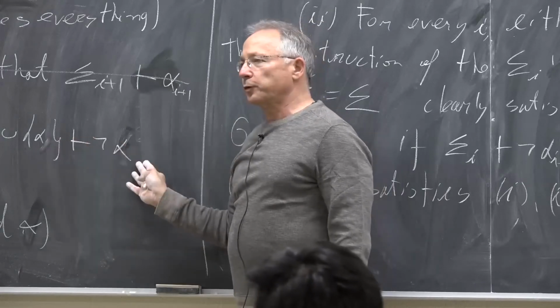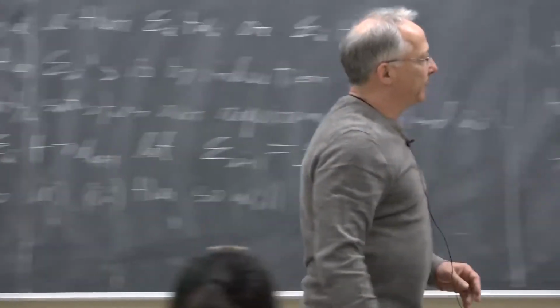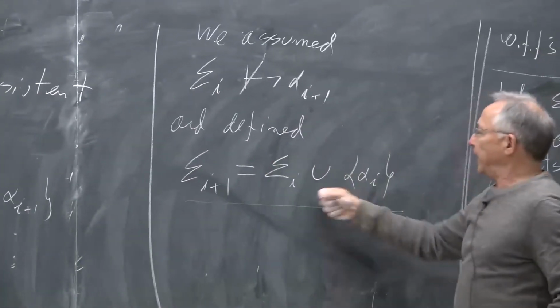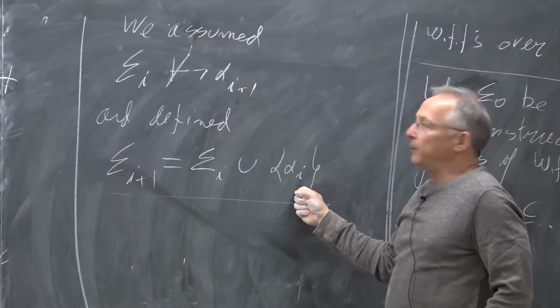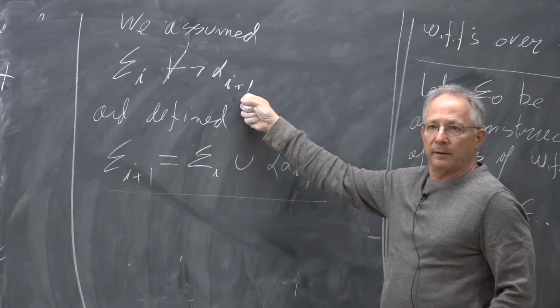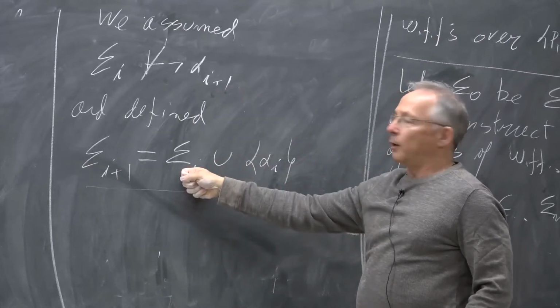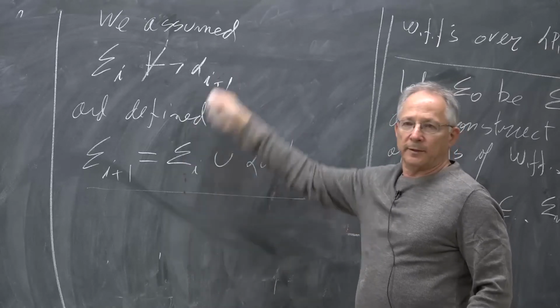And that's what's happening here. I could not prove not alpha I plus 1. I added alpha I. If it became inconsistent, now I suddenly can prove not alpha I plus 1. But alpha I could not have helped me. So this guy could already prove not alpha I plus 1, which contradicts my assumption.